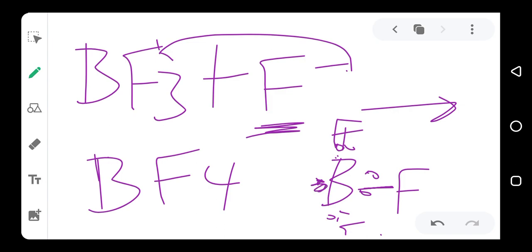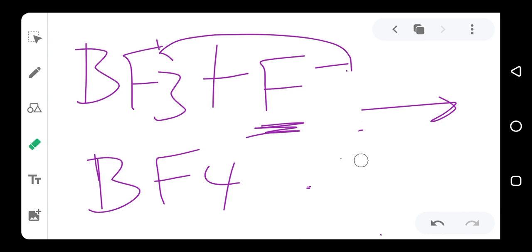Now there is a positive charge here. It is lacking one electron, so this donates electron to it to form the boron tetrafluoride. So this is acting as a base, while this one is acting as an acid. This donating electron is a base, while this accepting electron is an acid.